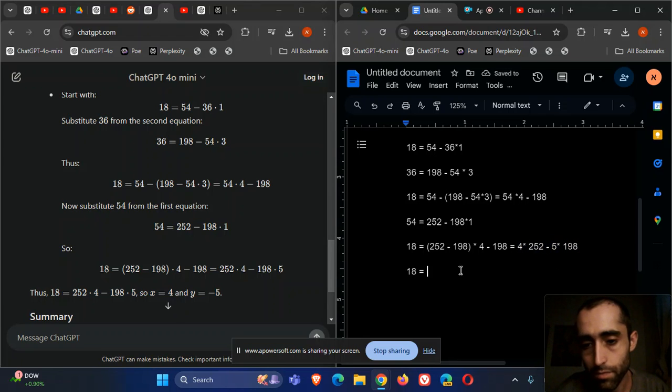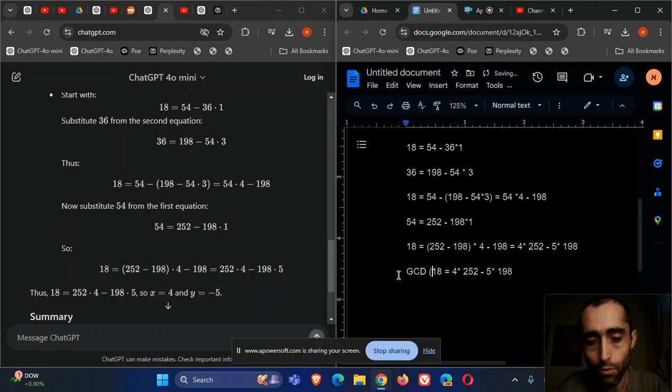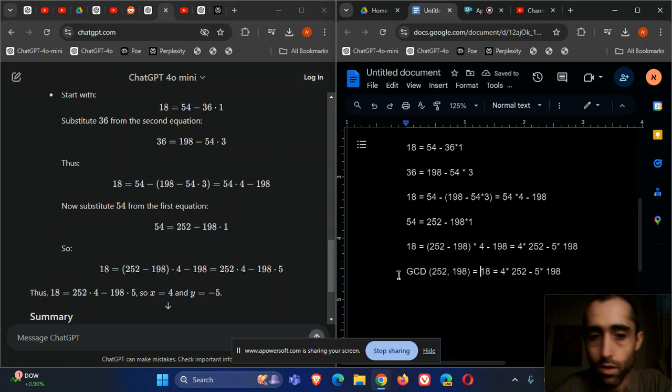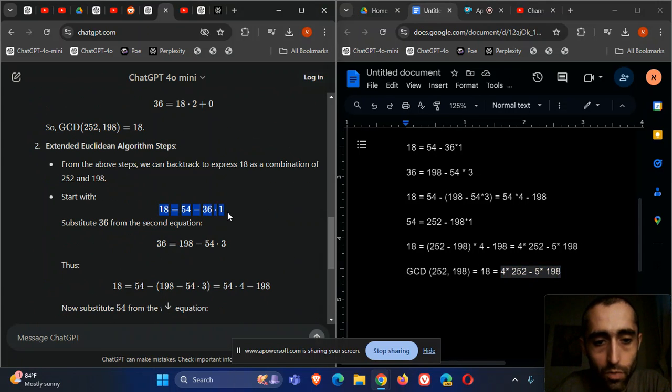This one. And as you can see here, I represent the greatest common divisor of 252 and 198, which is 18. I got it from the Euclidean algorithm here. And I represented it starting from this one.